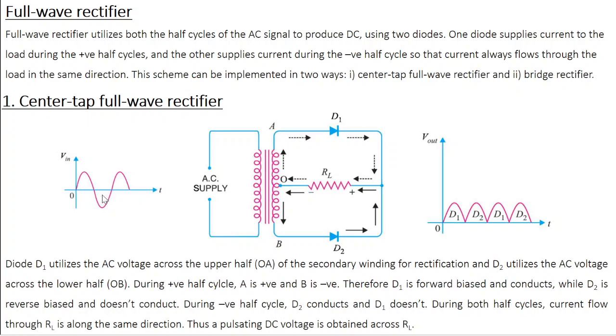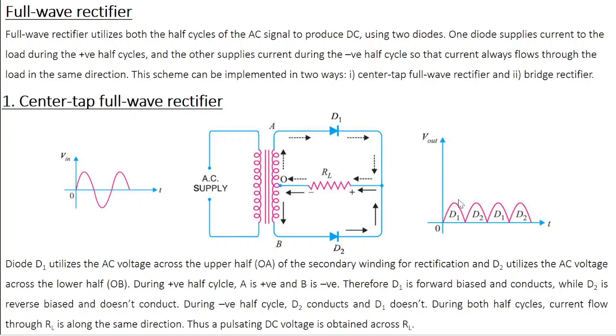During the negative half cycle, A is negative, B is positive. So here P is connected to negative, so D1 is reverse biased. Here P is connected to positive, so D2 is forward biased. So D1 doesn't conduct, D2 conducts, so you get an output due to D2. So during each half cycle, one of the diodes conducts and you get an output.